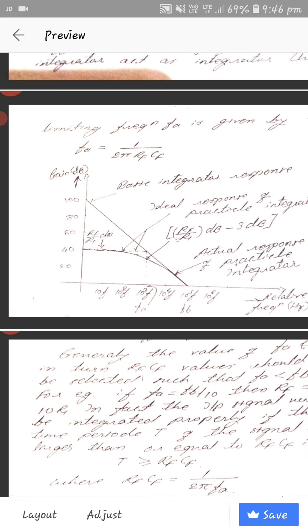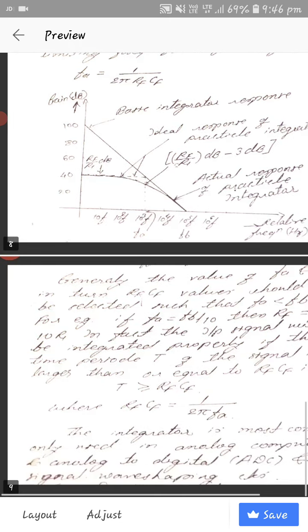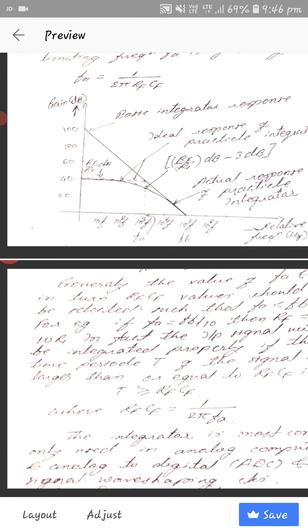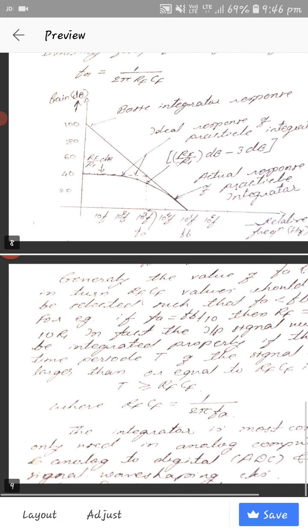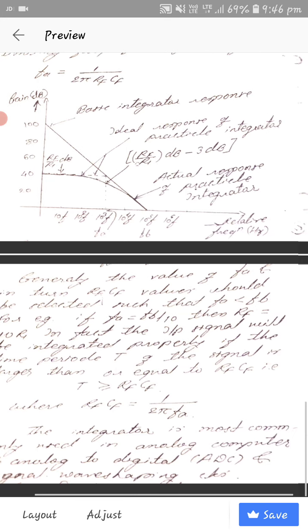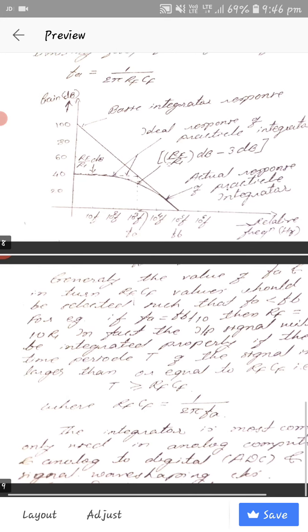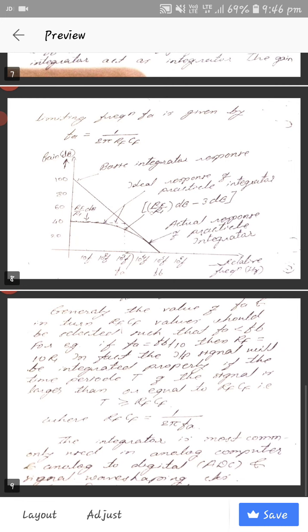Ideally when the frequency increases, the gain increases linearly, but practically when the frequency increases, the gain increases and then becomes constant. Then the time is greater than or equal to the feedback resistor and feedback capacitor product, where RF CF is equal to 1 upon 2 pi FA. This type of integrator circuit is most commonly used in analog components, analog to digital conversion, that means the ADC, and signal wave shaping circuits.